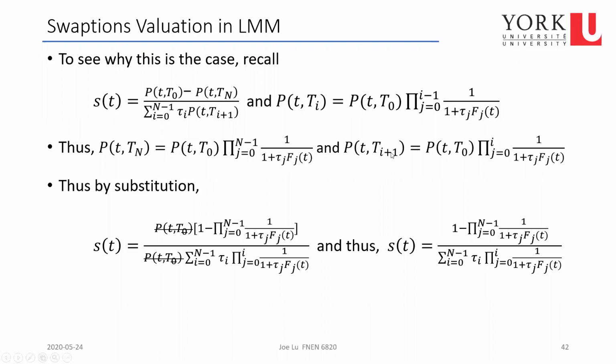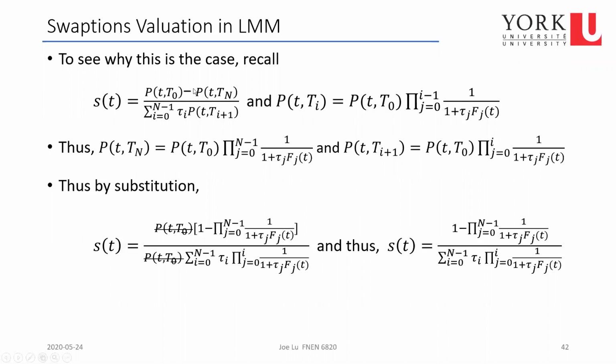And this Ti plus 1 is P(t, T naught) times this product with the index on J equal to 0 to I, because we have I plus 1, so it's I here. And here it's n minus 1. Okay, so we have those two expressions.